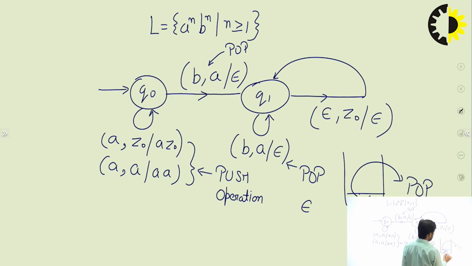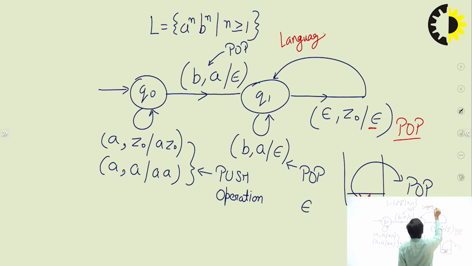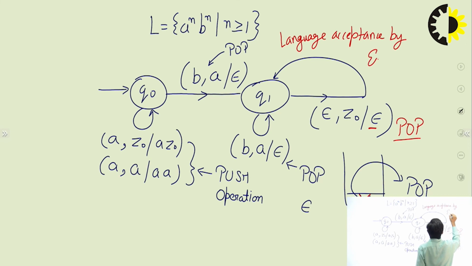This Z node is no more present here; the stack is empty. This is a pop operation when input is epsilon. So this is language acceptance by empty stack. Both are correct.